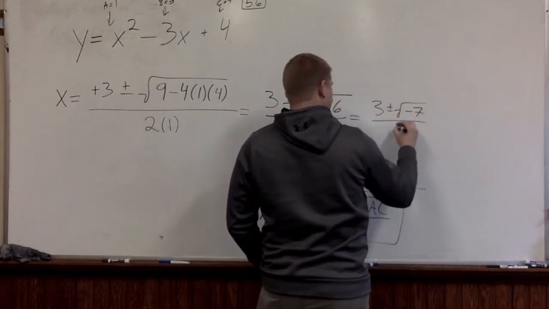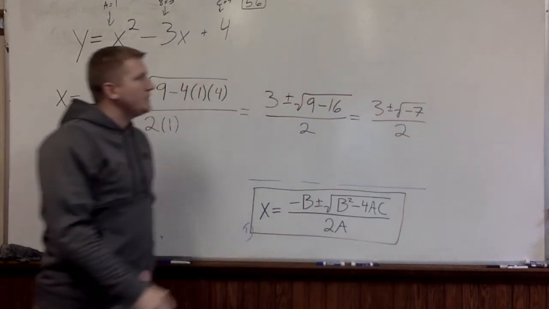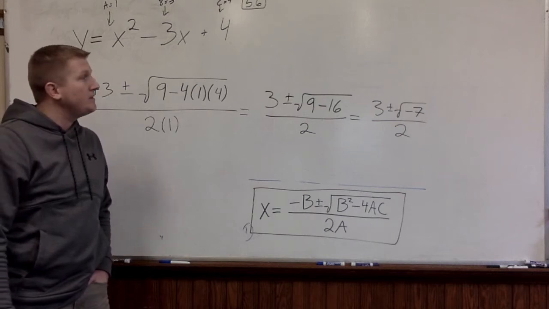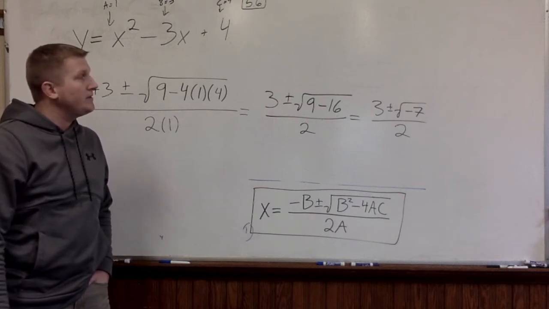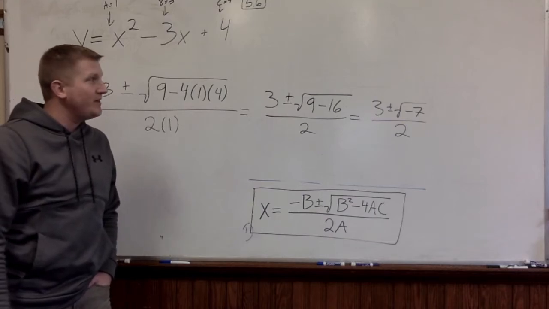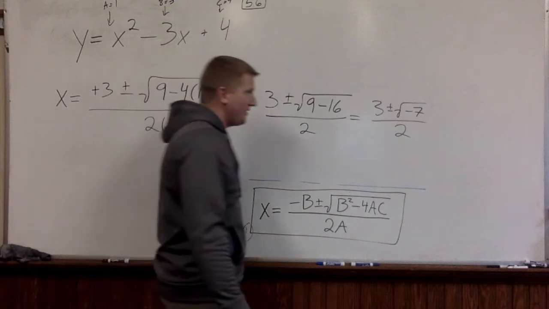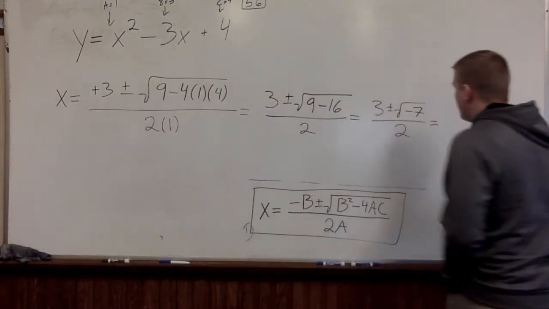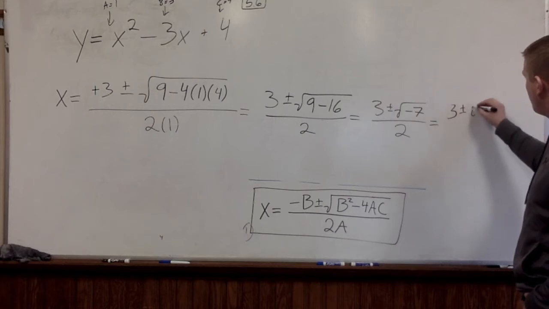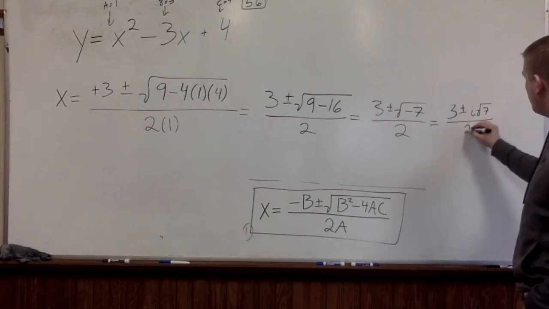Oh, shoot. That's ugly. That's real ugly. But not something we can't do. Even though it's a negative 7, we can still make sense of this. 3 plus or minus i root 7 over 2.